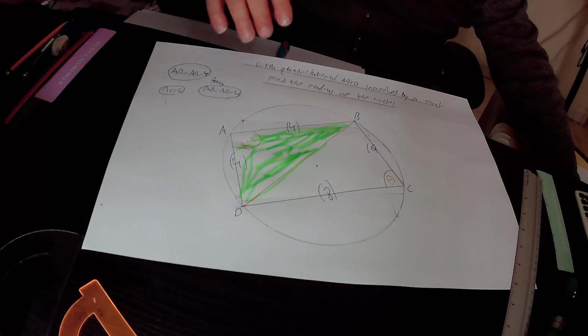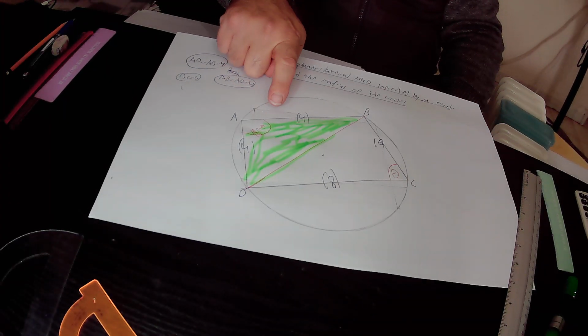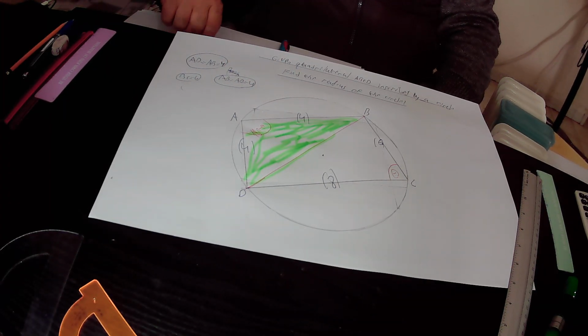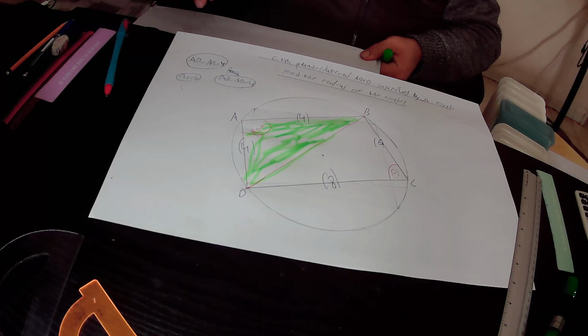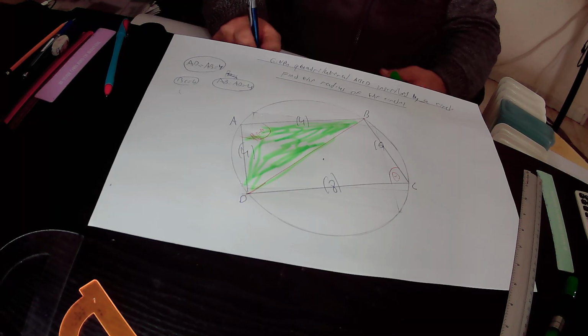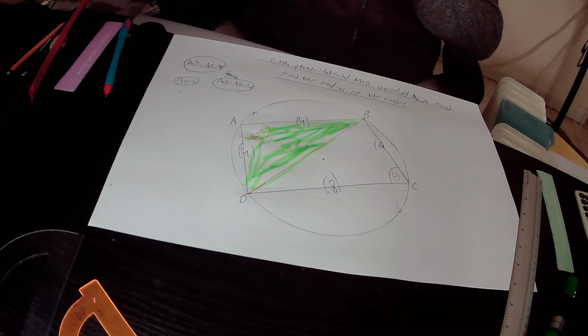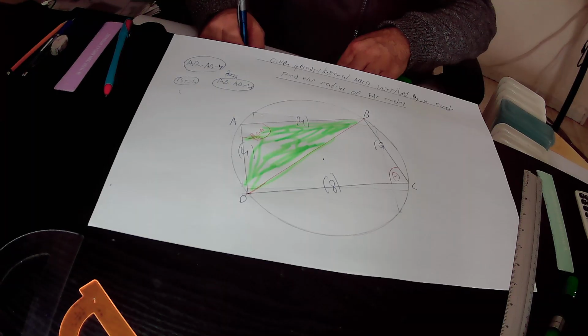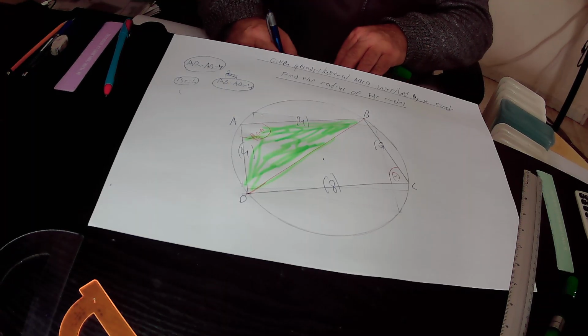So we implement the law of cosines in this green triangle ABD. According to the law of cosines, in the green triangle ABD, the following equation is true.